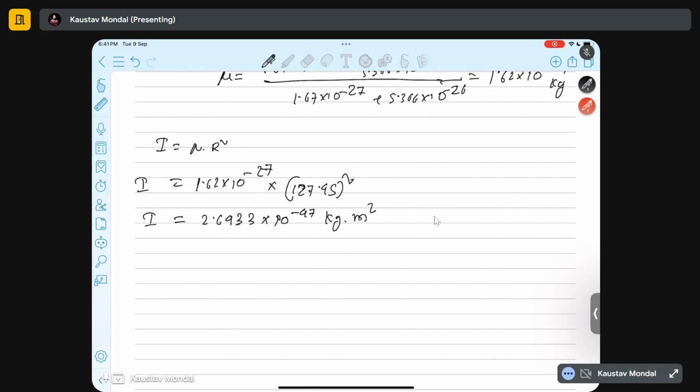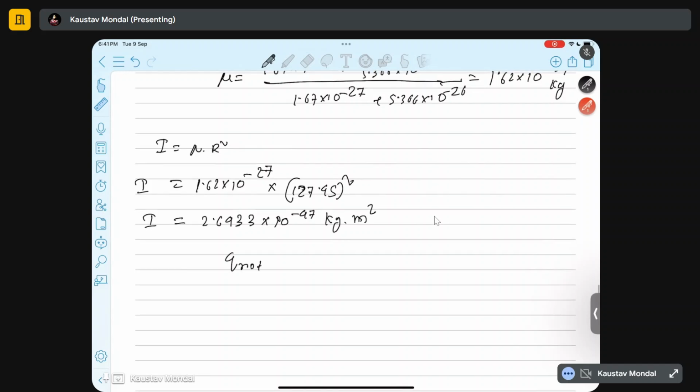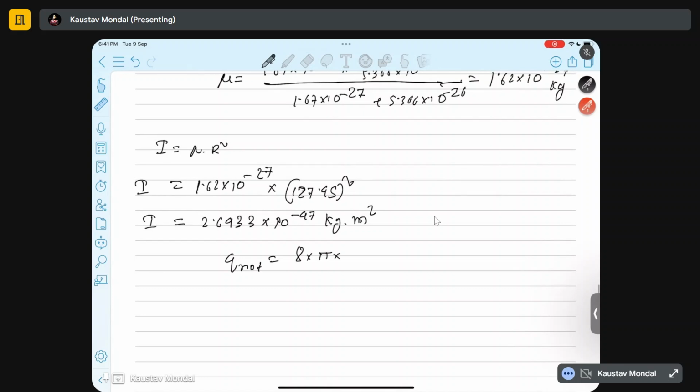Now other information is already supplied in the problem, so we can write the rotational Q rot equal to 8 pi square I k T divided by sigma h square, with the Boltzmann constant and T equal to 300.